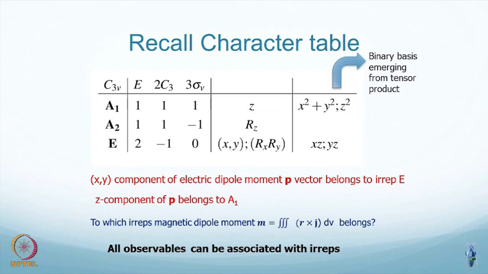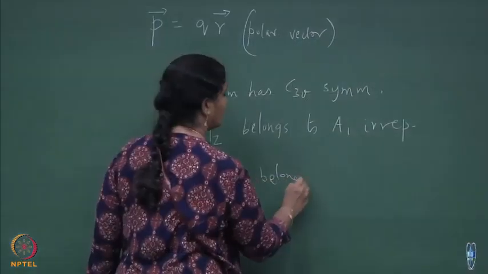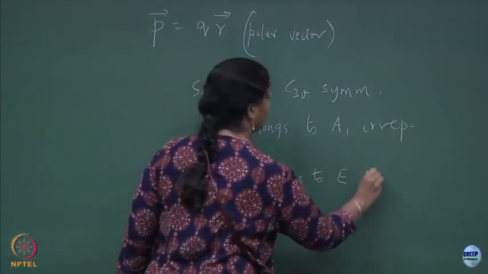Just looking at the z component, any polar vector z component will belong to the A1 irrep. Similarly, Px Py belongs to the E irrep.